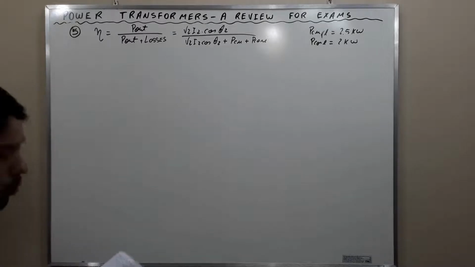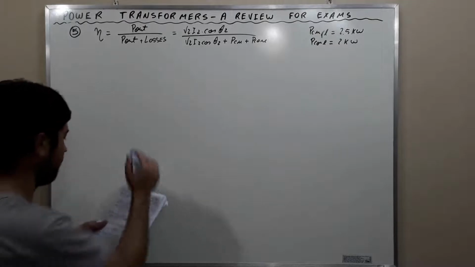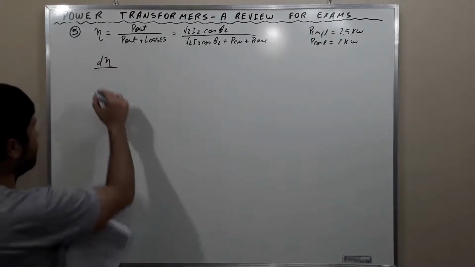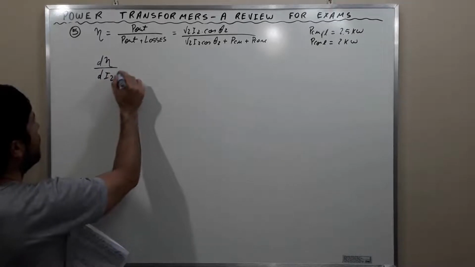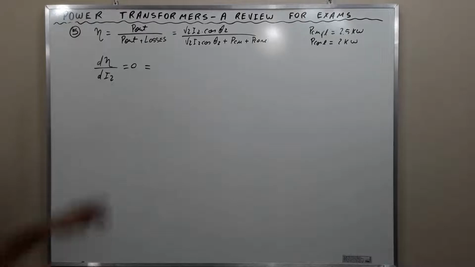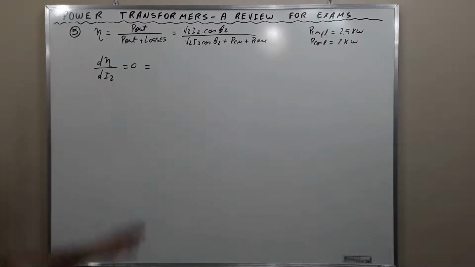So what we want is to maximize this with respect to output current. The derivative of the efficiency with respect to output current has to be equal to 0, okay? Alright, when the derivative of the efficiency with respect to output current is equal to 0, we have maximized the efficiency.